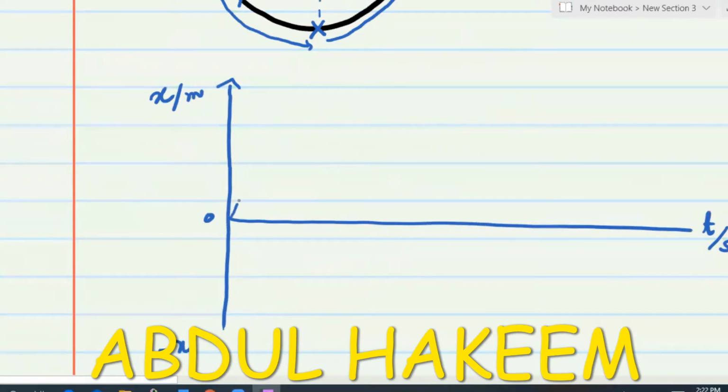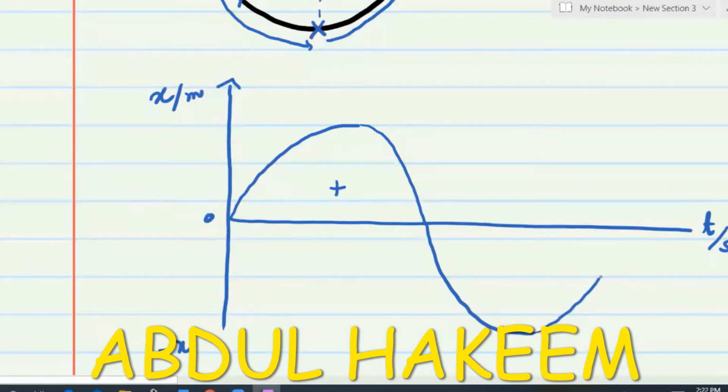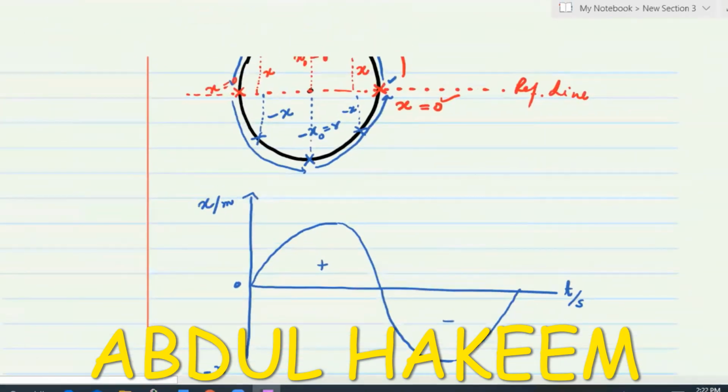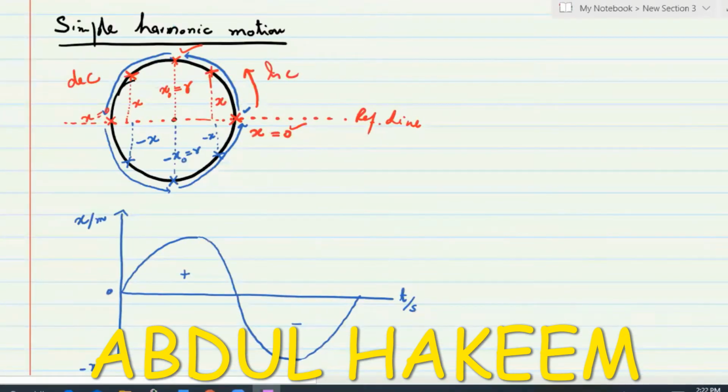So it is initially 0, it increases to maximum then becomes 0, but this is the positive side, and then it becomes negative, it increases, then decreases. So this is the graph for the displacement in the circular motion. So this is the displacement against time graph for the mark, this cross.